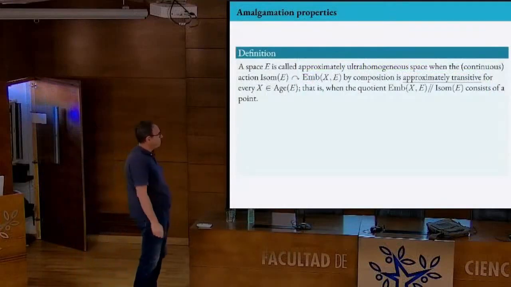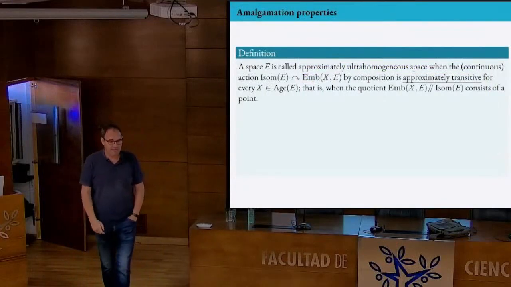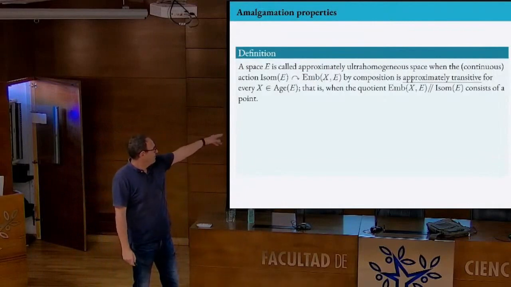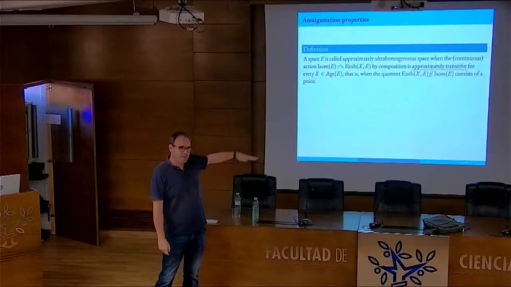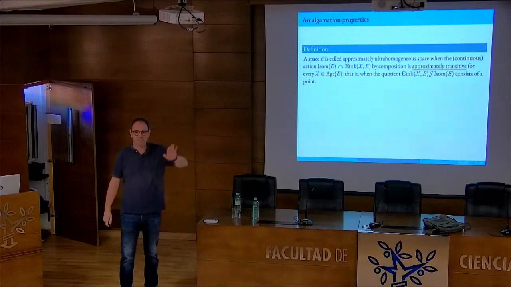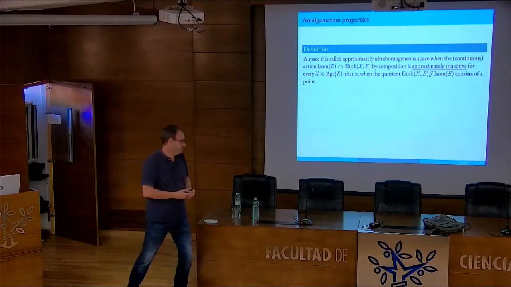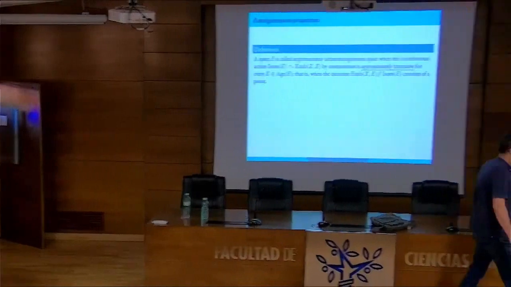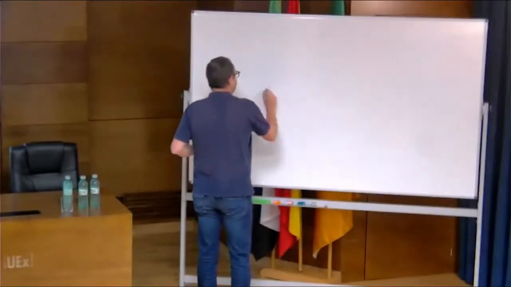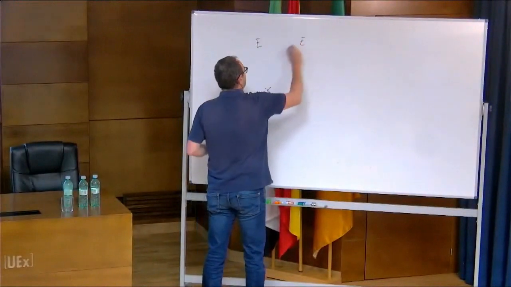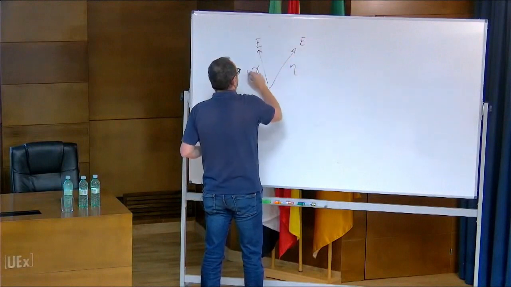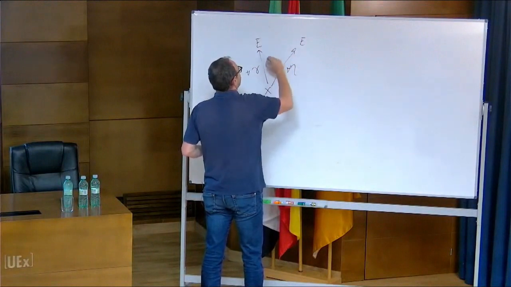Well, what I say is that no matter two finite dimensional spaces, well, in here I am talking about embeddings, but it is the same. So you have two embeddings from X to E. So let's do it this way.